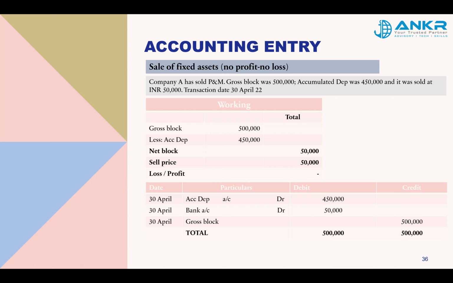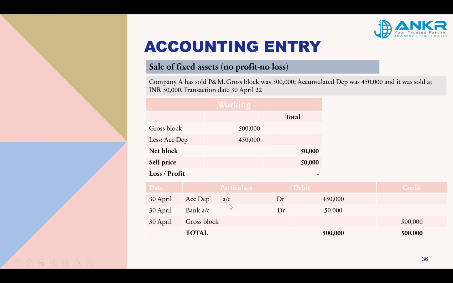Now there can be a situation where there is no profit or loss on sale of fixed assets, right? So again, gross block is 5 lakh rupees, accumulated depreciation is 4 lakh 50,000 rupees, and it is sold for 50,000 rupees, right? So see, 5 lakhs minus accumulated depreciation of 4 lakh 50,000, net block is 50,000, selling price is 50,000, no profit or loss, right?